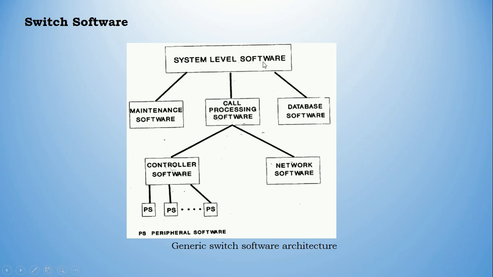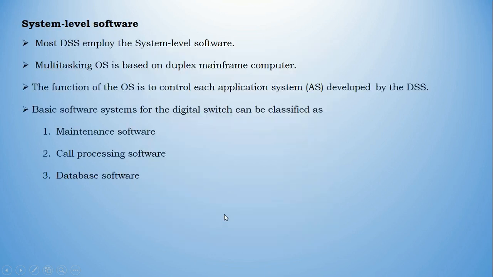System level software is related to the central processor, and the call processor is connected to the network NCP processor, then to the IC processor software, then to the peripheral software. Let us know the main function of it. The system level software also looks at the system level, that means how to employ it, and of course it will have a multitasking OS.